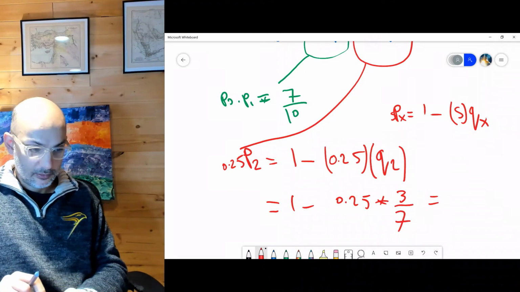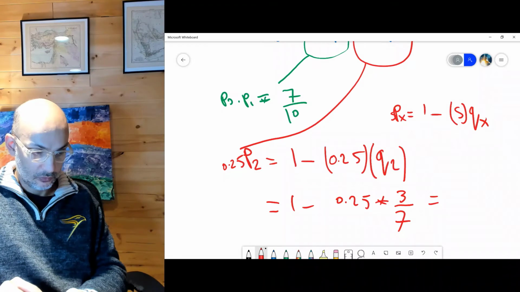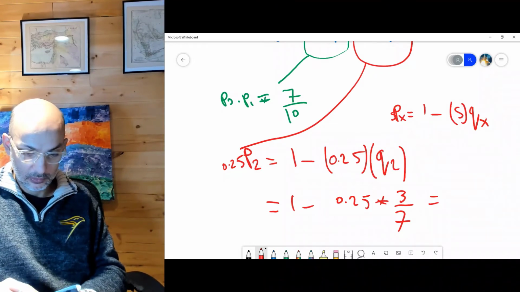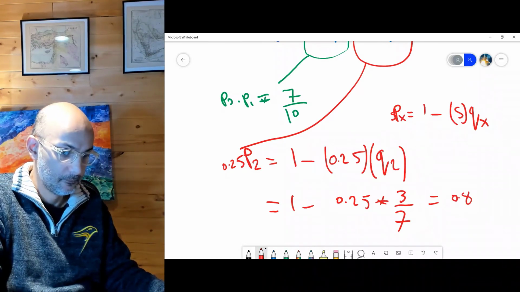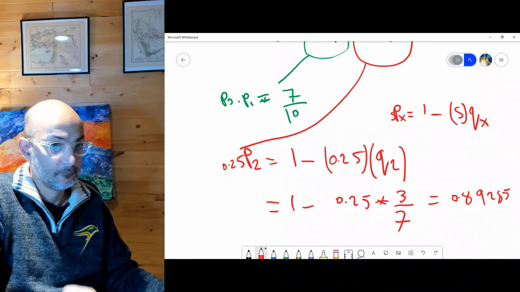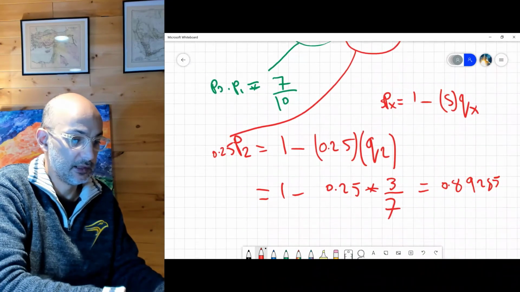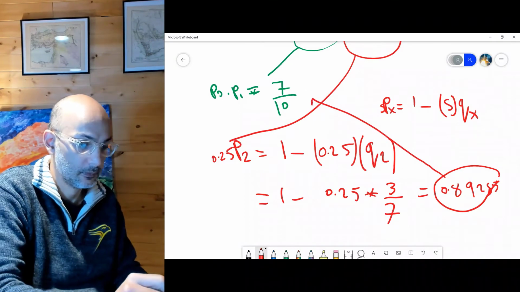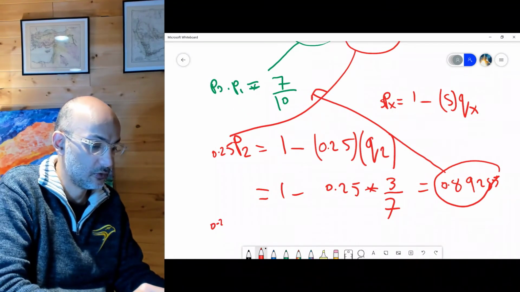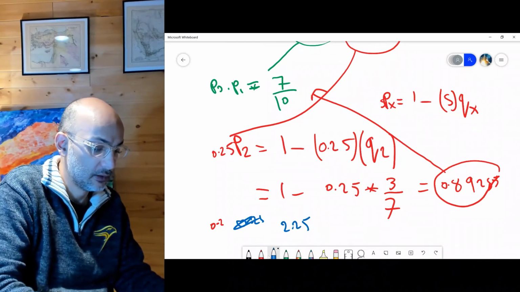So let's use the calculator. 3 over 7 multiplied by 0.25, and you have 1 minus it. Right. Now we get it up here, so let me use the other color. 2.25 px is 7 over 10 times this.